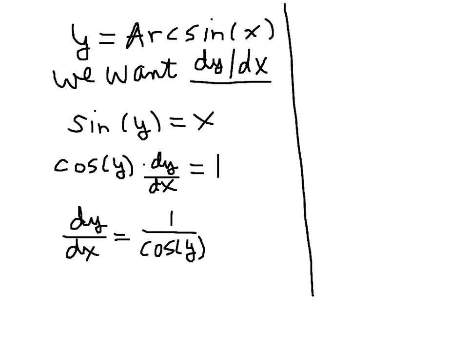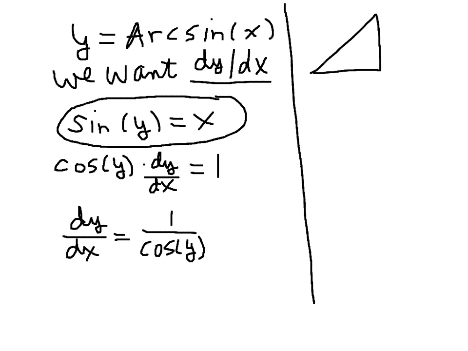Well, that seems okay, except the problem is that we like to write our expression for dy/dx in terms of x. So here's how we do it. If we take a look at the relationship that sine of y is equal to x, we can draw a little right triangle which shows that. Here's angle y, and if the sine of y is x, then the opposite over the hypotenuse has got to give you x over 1.